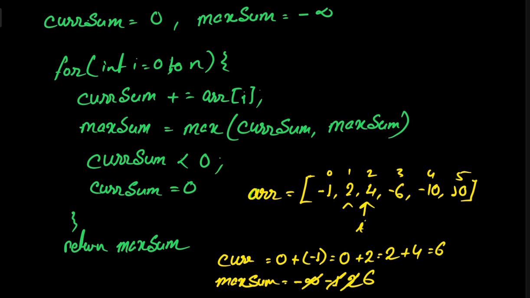No, so nothing will change, and i will be incremented, and the current sum will be 6 minus 6, so it will be 0, and the maximum is greater than the current sum, so the maximum is again 6. Then again it checks if the current sum is less than 0. No, so the current sum will not change, and i will be incremented again, and now the element is -10.